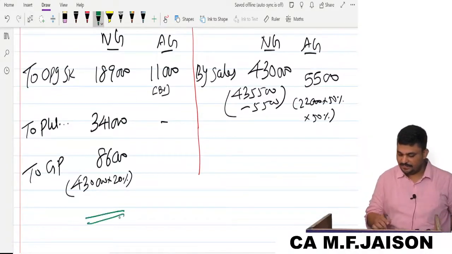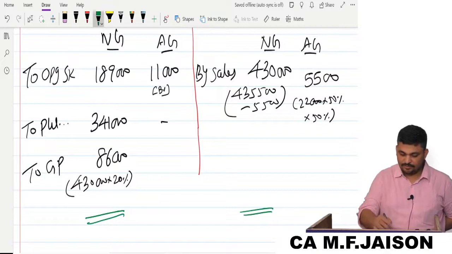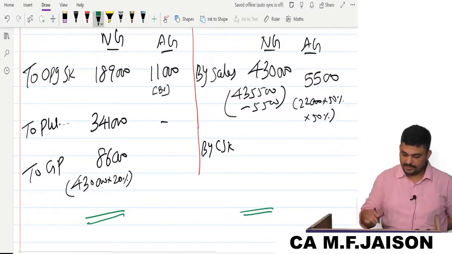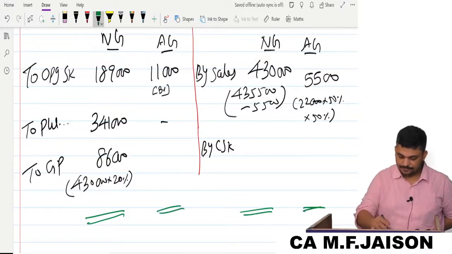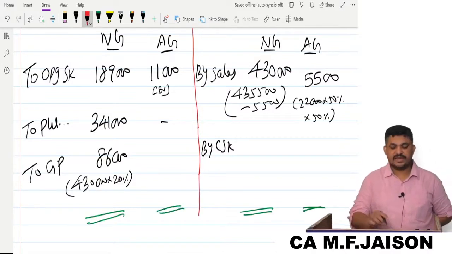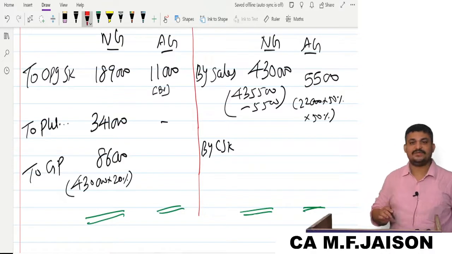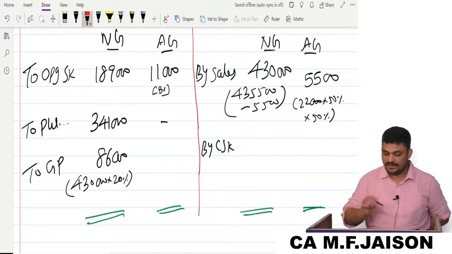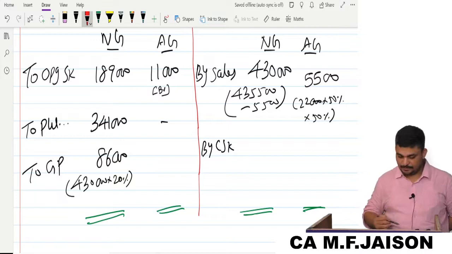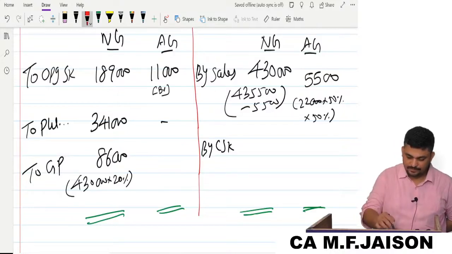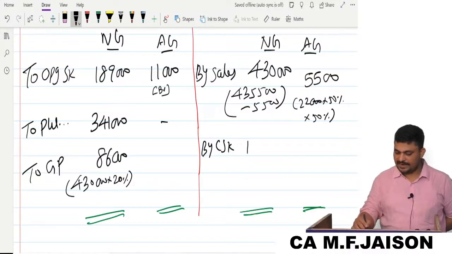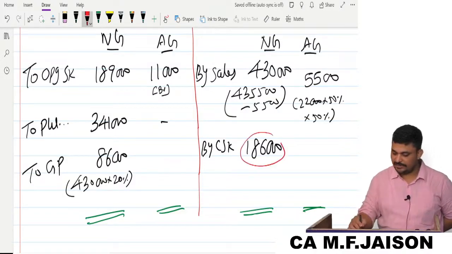So thereby we get closing stock as balancing figure. So 1,89,000 plus 3,41,000 plus 86,000 minus 4,30,000 gives 1,86,000. So 1,86,000 is the balancing figure.